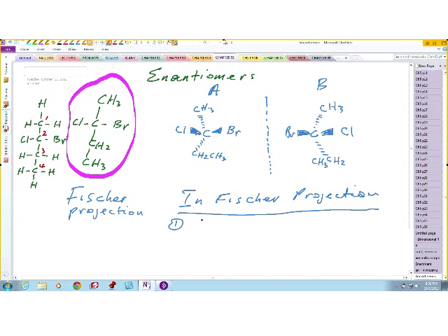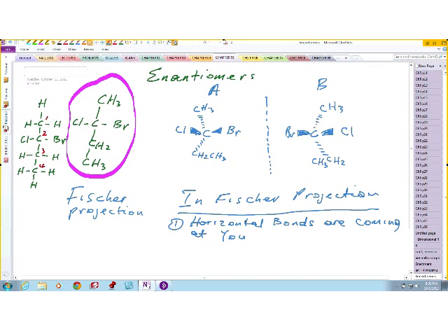When you write a Fischer projection, the horizontal groups, you assume they are coming at you. Because this molecule here is a representation of this molecule here. So horizontal bonds are coming at you. And then the vertical bonds, you assume they are going away from you. Okay? This is your Fischer projection.